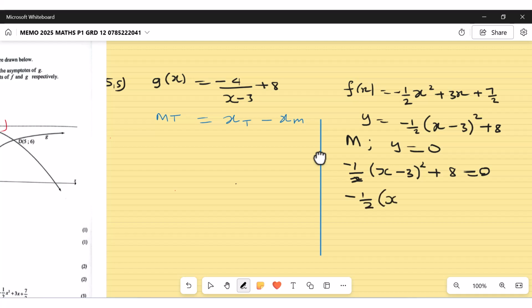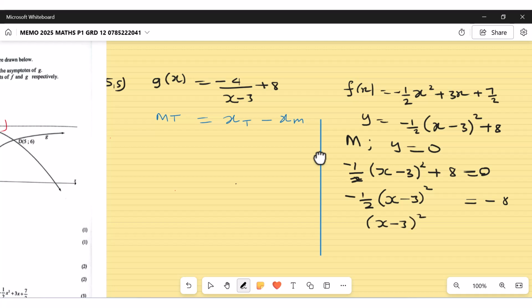Now multiply through by positive 2. When I do so, I'm left with (x minus 3) squared equals 16, positive. Now I can square root both sides.